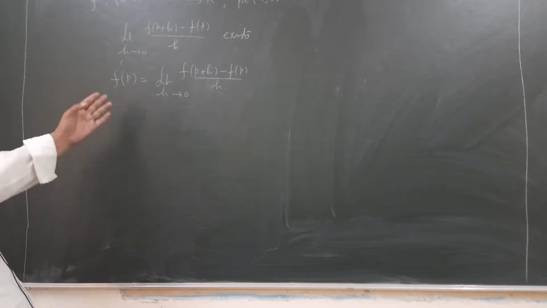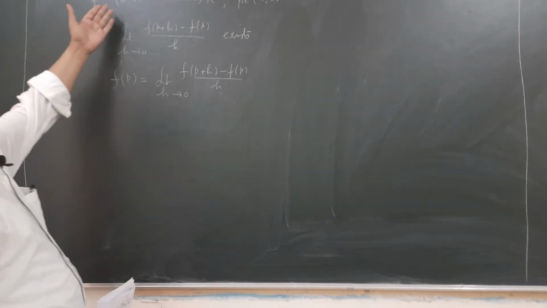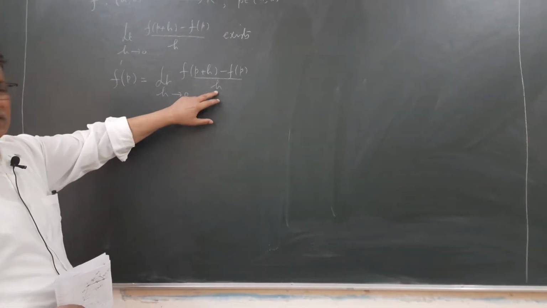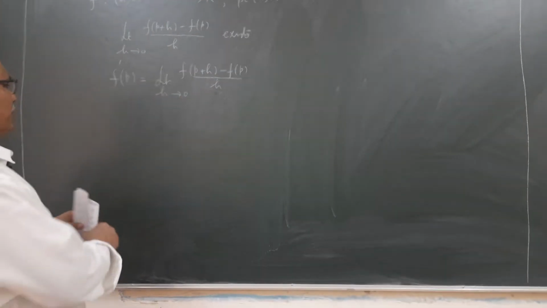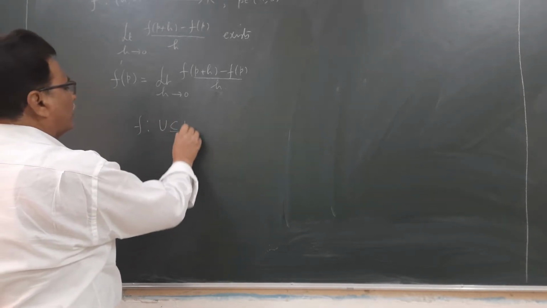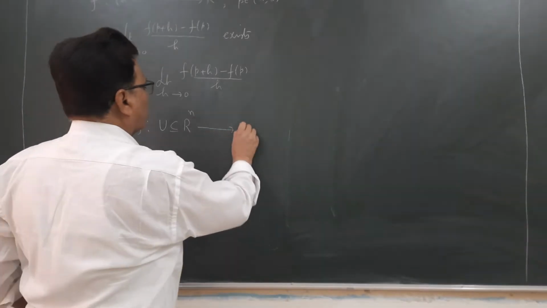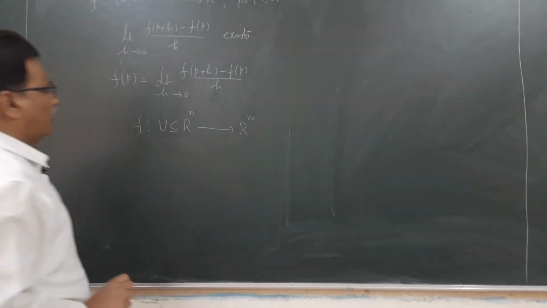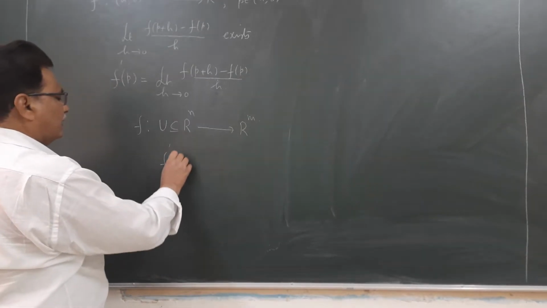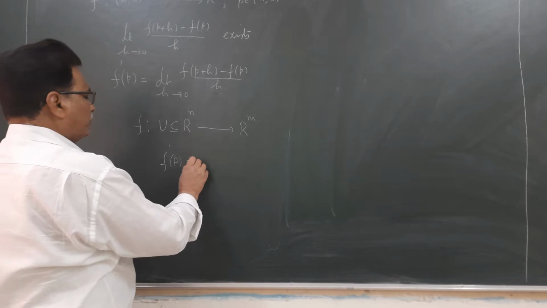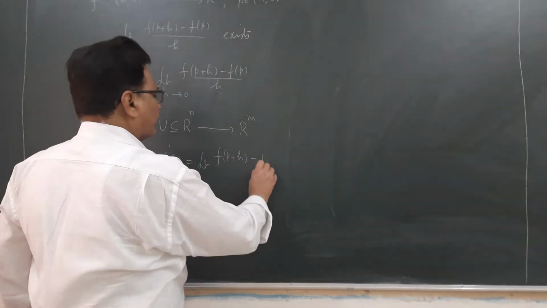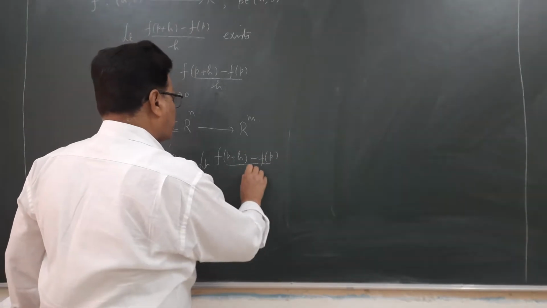If we want to extend this definition for functions from say Rn to R or Rn to Rm, then this expression will not work, because suppose you consider f from some open region U of Rn to Rm and define derivative by this formula, then f dash at a point P in U will be the limit of f(P plus h) minus f(P) upon h.